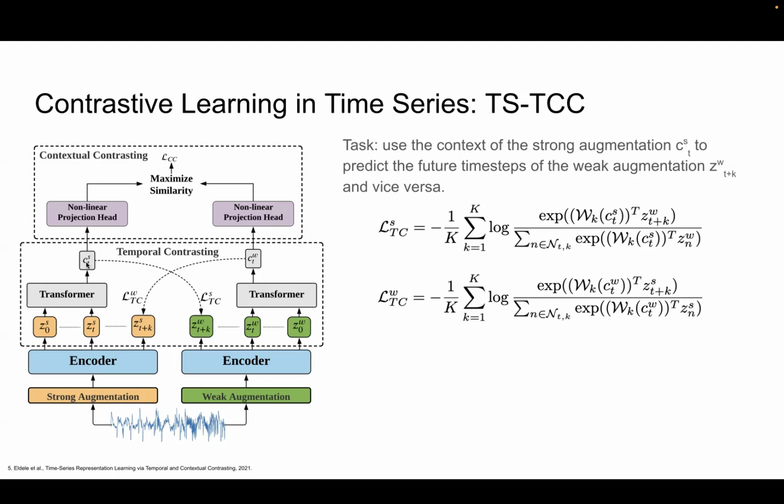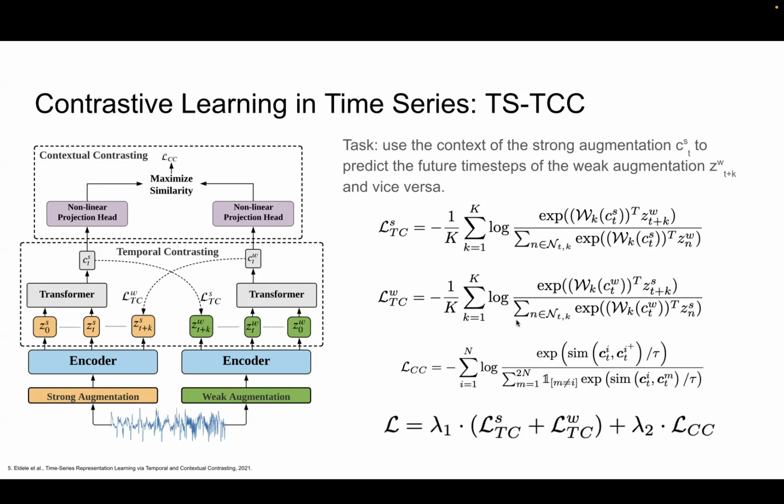So instead of matching with Z_t, it will try to match with Z_{t+k}. So we try to predict k time steps ahead. In addition to this temporal contrasting, I also have this original contrasting from the same time step. Your final loss function will be a combination of those two types of loss functions.